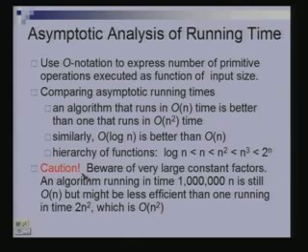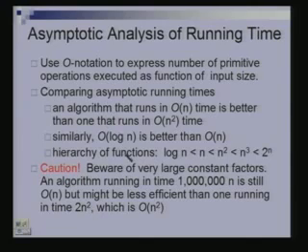There is a word of caution here though. You might have an algorithm whose running time is 1,000,000 times n, because you are doing a whole lot of other operations. I can't see how you would create such an algorithm, but you might. So this is big O of n, because this is less than or equal to some constant times n. And you might have some other algorithm with a running time of 2n squared.